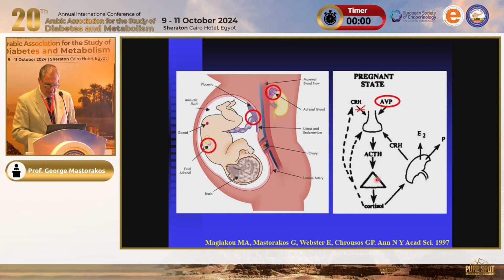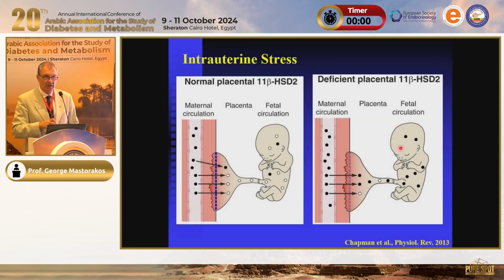We have the adrenals of the baby, which is influenced by its own hypothalamic pituitary adrenal reaction, but we have also the placental production of CRH. Here is the placental CRH, which we have shown to be produced about 30 years ago at the lab of George Chrousos. So all these parameters are accommodated in order to regulate the response of the mother and the baby to stressful stimuli, so the pregnancy goes ahead positively.